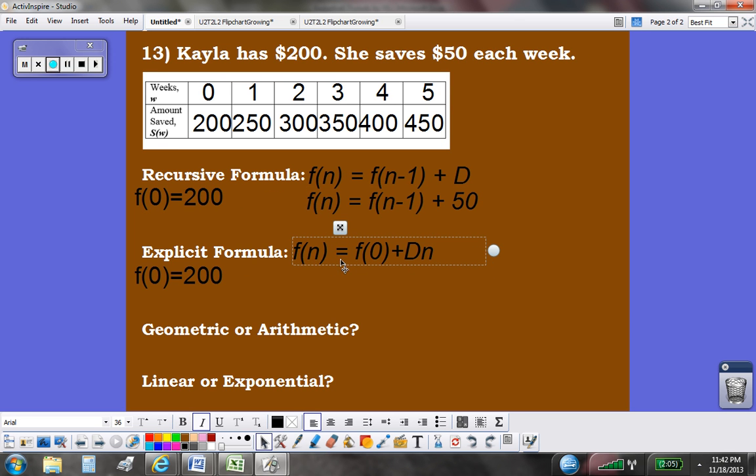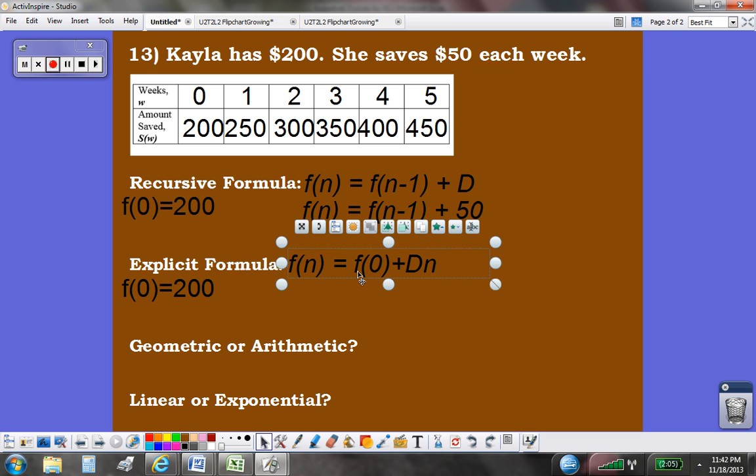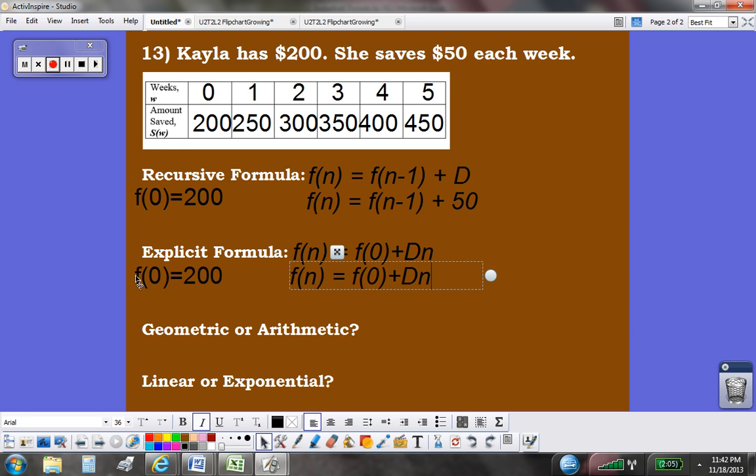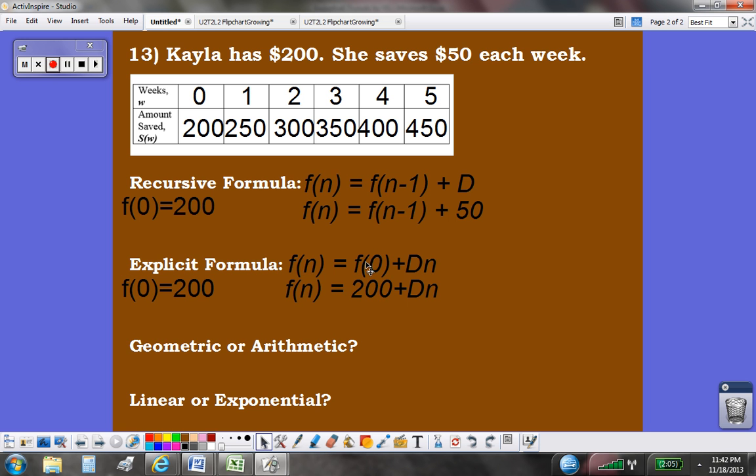For the explicit formula, again, I'm going to substitute out, very important, that you substitute out the f of 0. Okay, f of 0 is 200, so instead of f of 0, you want to actually put the 200, okay? Because you're trying to come up with a formula or a function that works for the unknown term.